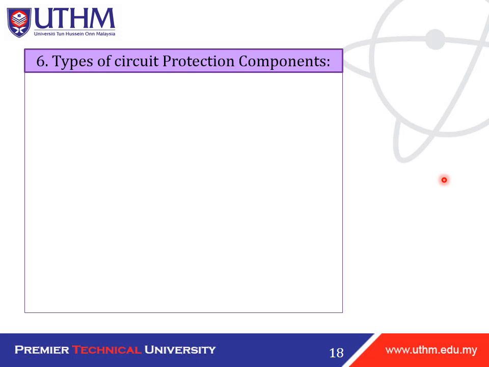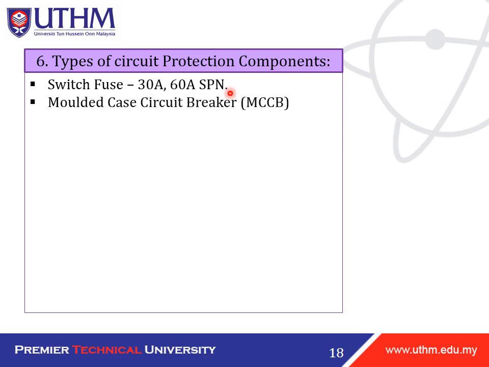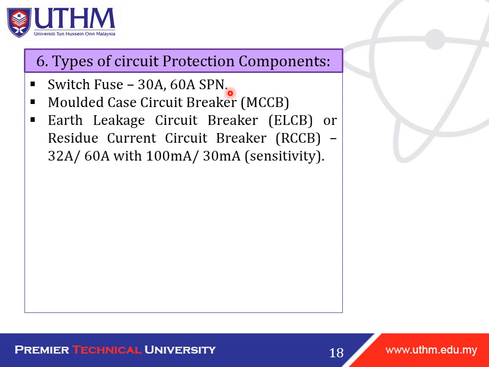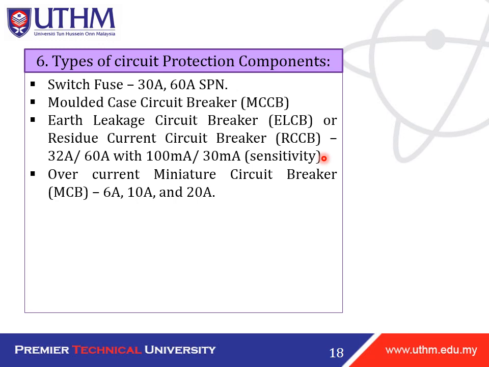And then in our design, we need to know the types of circuit protection components that we need to use. For example, we need to use switch fuse in the rating of 30 amp, 60 amp SPN. And then we need molded case circuit breaker MCCB, or earth leakage circuit breaker ELCB, or residual current circuit breaker RCCB. And then we need to use overcurrent miniature circuit breaker MCB.